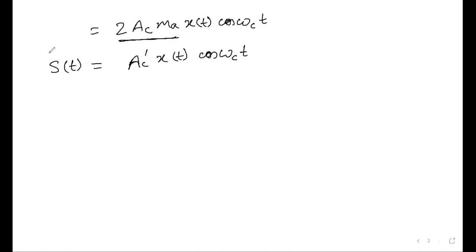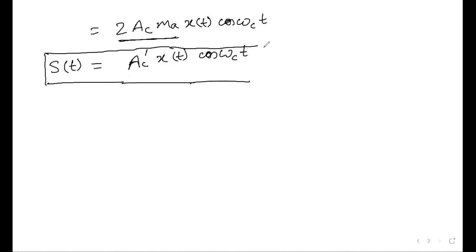ST is the amplitude modulated signal of this circuitry, and this is known as the double sideband suppressed carrier signal, because here we will have a coefficient of this particular term xt cos omega ct.